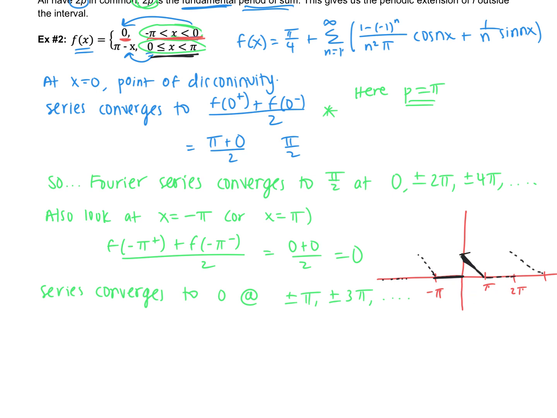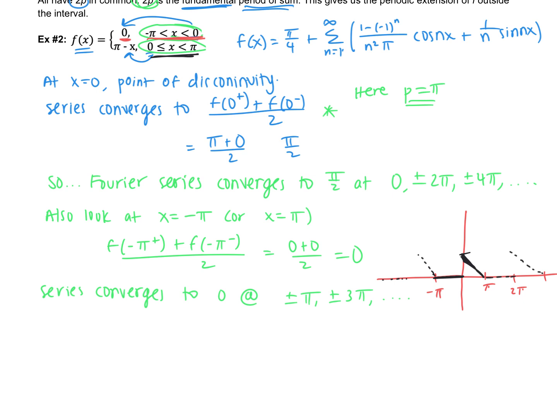When we go 2 pi away, we're also at pi. When we go 2 pi away in the other direction, we're also at pi. At negative pi or positive pi, we're at 0. Again, if we go 2 pi away, the periodic extension, we also get to 0. 2 pi away, we also get to 0. So this is the idea of a periodic extension.